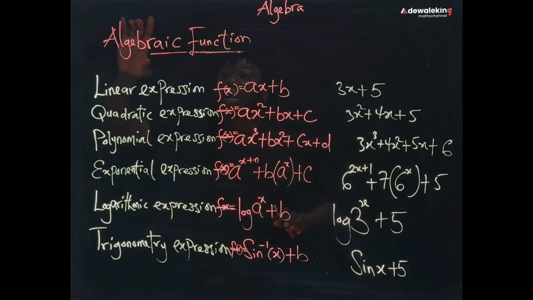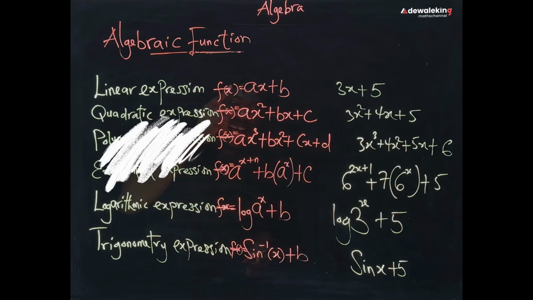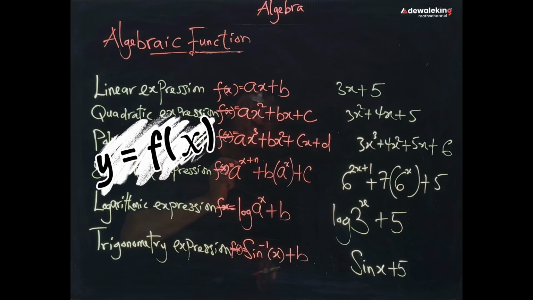In theory, a function of any graph is expressed as y is equal to f of x. So for algebraic function, all these are the types of algebraic function, whereby f of x is added to this form of functions.